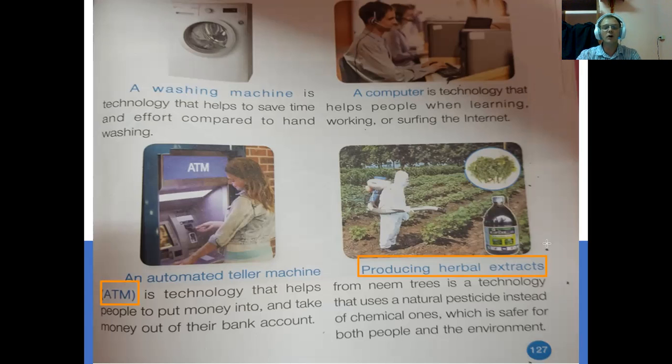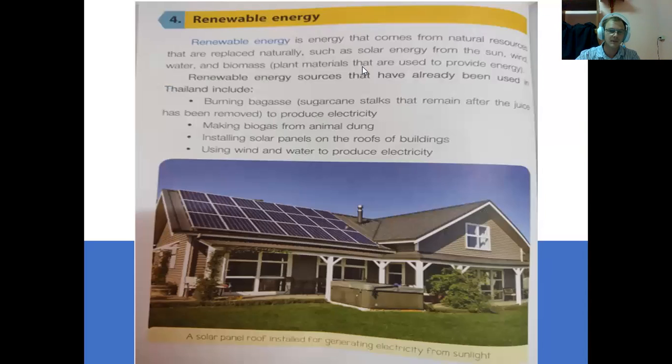The problem a lot of people have with technology is it might be growing too fast, and then we might lose track of how fast it is growing. But every year there are new inventions, new things, people discovering how to do things better and faster to help save us time and money. So the last little bit that I wanted to look at is renewable energy.